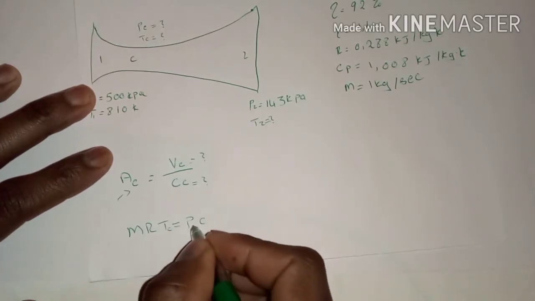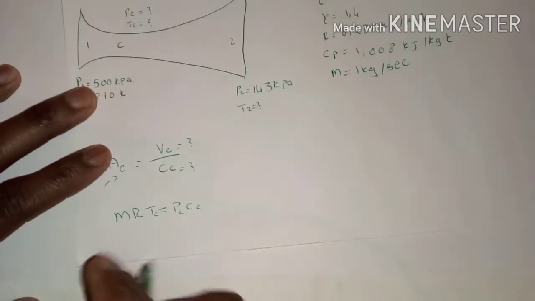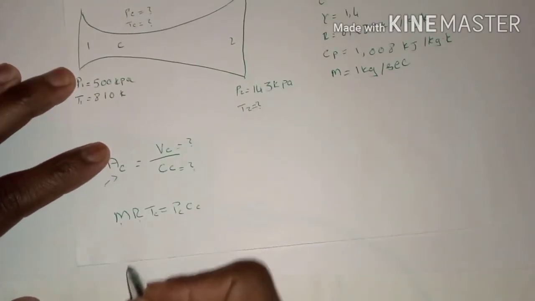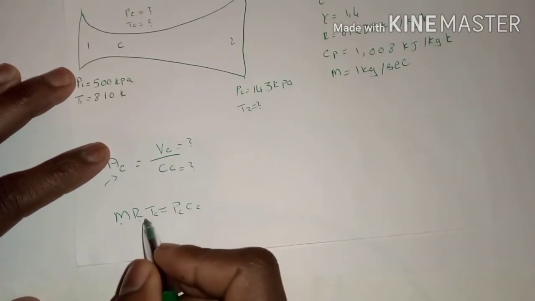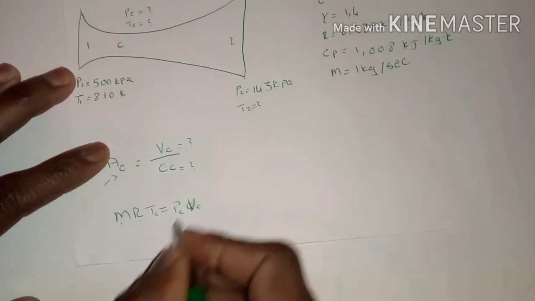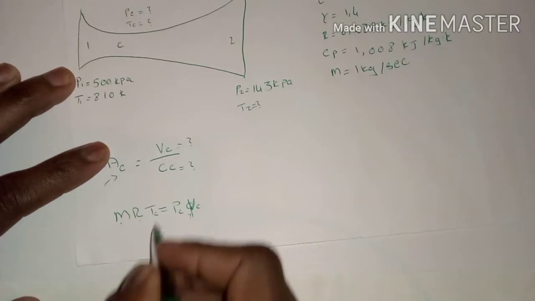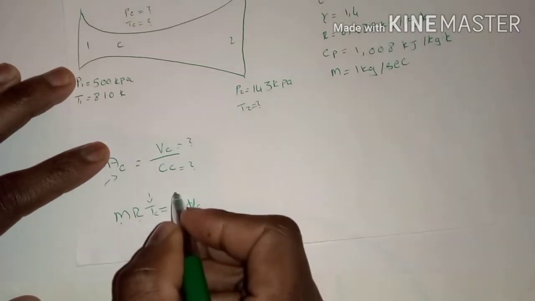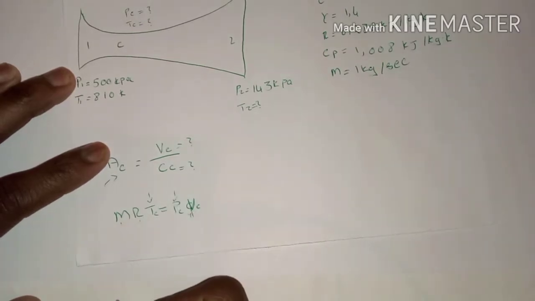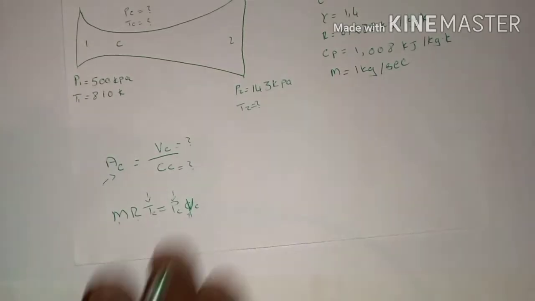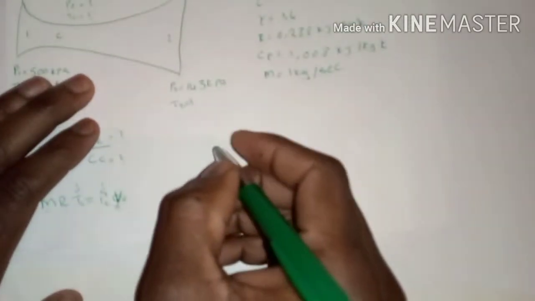We have the mass, we have the gas constant, we are looking for this volume. We have to get the temperature and the pressure since we do not have both. So we are going to start with pressure.